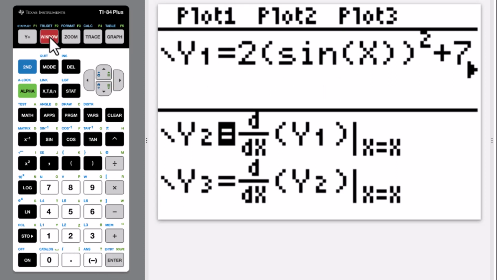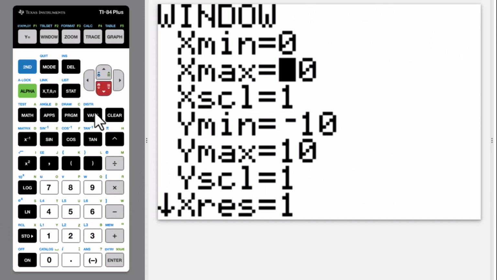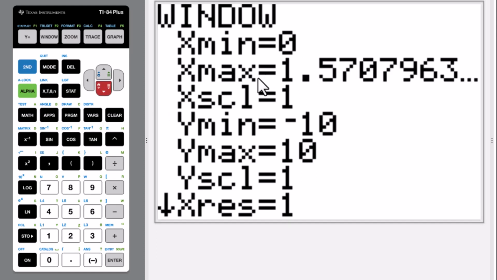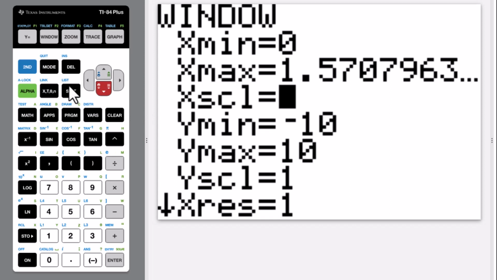Then go to window. X is from 0 to pi over 2. For the scale of a trig function, normally we will make the maximum or minimum divided by 4. So pi over 2 divided by 4 is pi over 8.